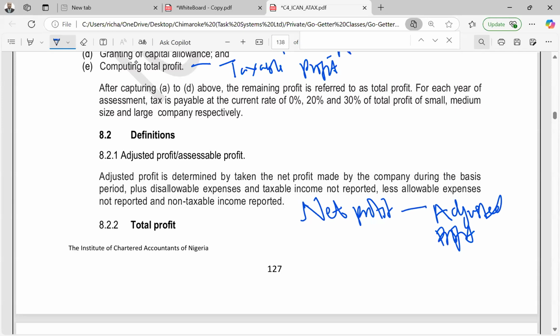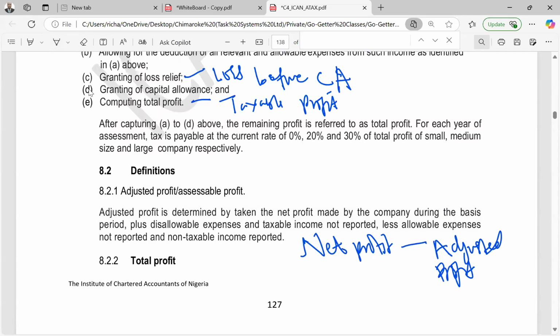Now it ends at adjusted profit because two things have not been done from our analysis here. We have not captured loss relief and we have not captured capital allowance. So when capital allowance and loss relief have not been captured, then it is adjusted profit. But what about if we don't have loss or we don't have capital allowance? Then our adjusted profit becomes assessable profit.